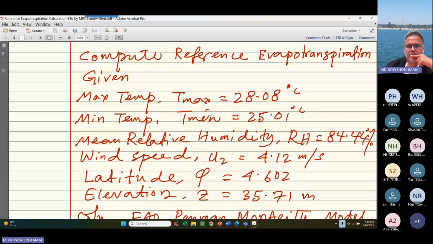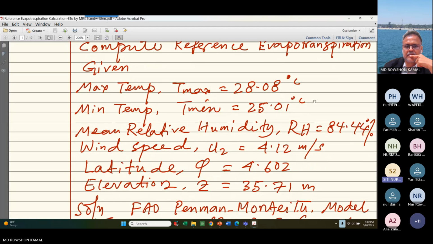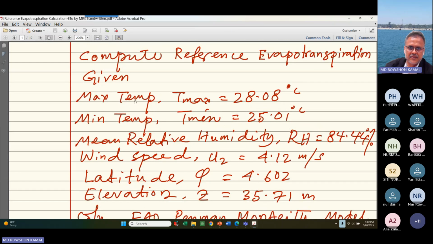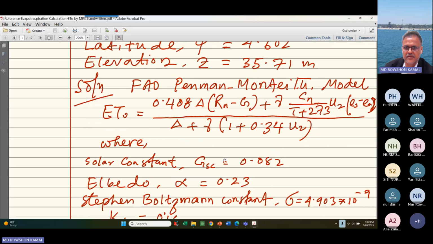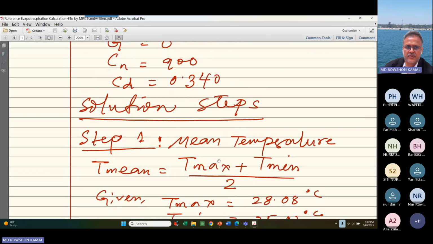Can you see this writing? Yes, doctor. I wrote this with my stylus on the iPad. So you can see the maximum temperature, minimum temperature, relative humidity, wind speed, then latitude and elevation. Using that, I use the formula that I showed you on the slide. Then you have to go for the calculation.